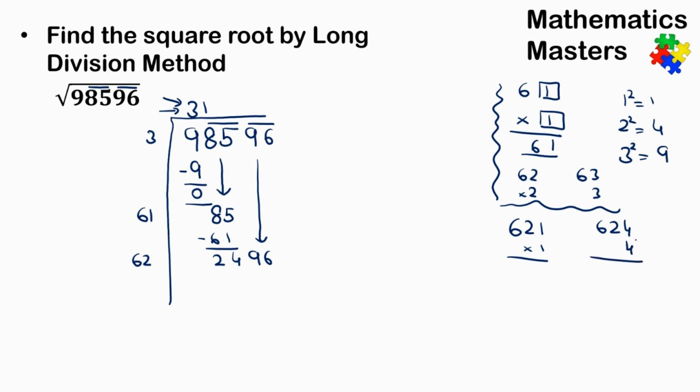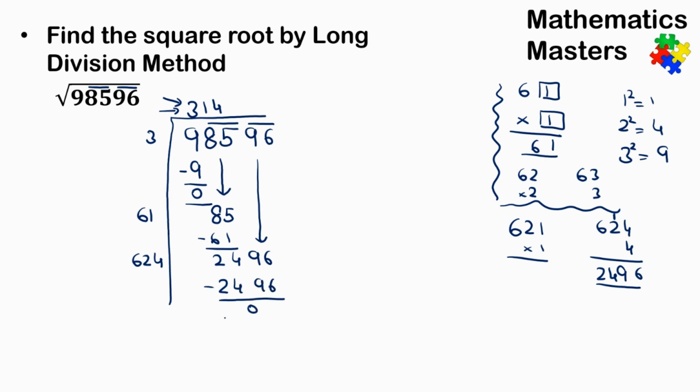For example, 4 times 4 is 16, 1, 6. 4 times 2 is 8, 8 plus 1, 9. 6 times 4, 24. Aha, so it works out. So 624 multiplied by 4 over here, the result is 2496, and it is going perfectly.